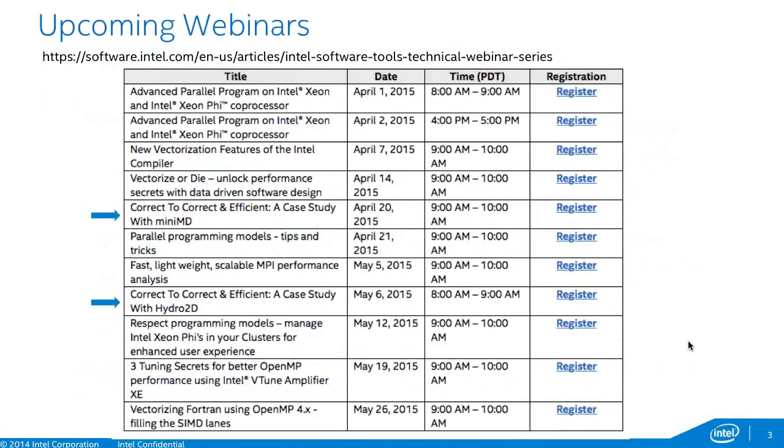So please pay attention to those. And if you have any questions on specific tools and techniques, send us the questions, and we will try to address them during this session and also in the following sessions.